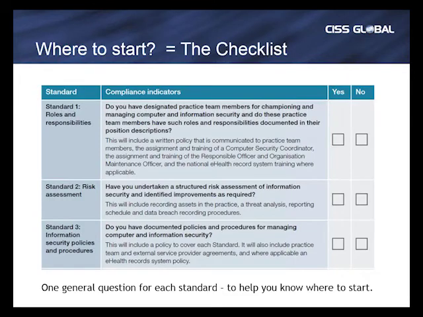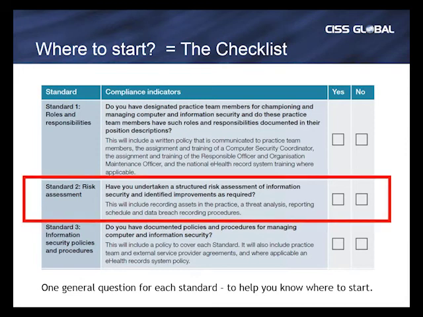So let's just take a step back. Where do you start in the first place? Well, the checklist has a question for each of the 12 areas. For instance, standard 2 looks at: have you undertaken a structured risk assessment of information security and identified the improvements? So if you know you've undertaken a risk assessment, or in fact you've had an external third party do that for you, then you can tick yes.